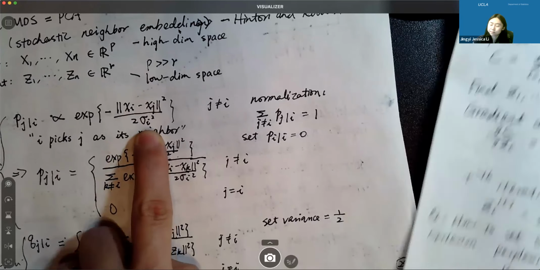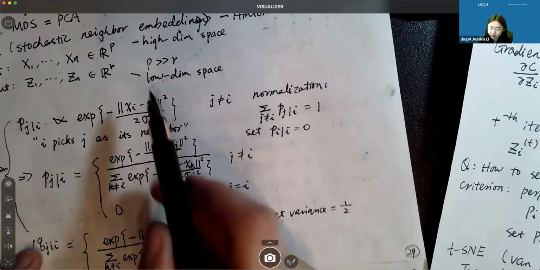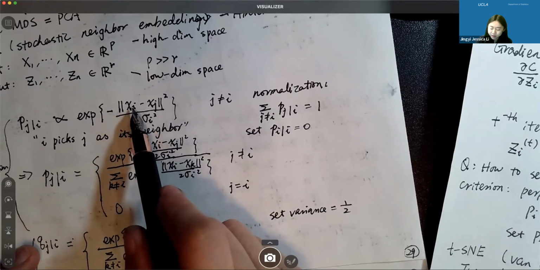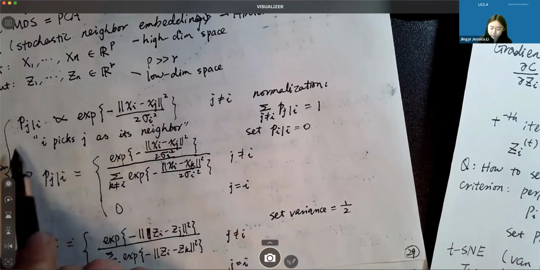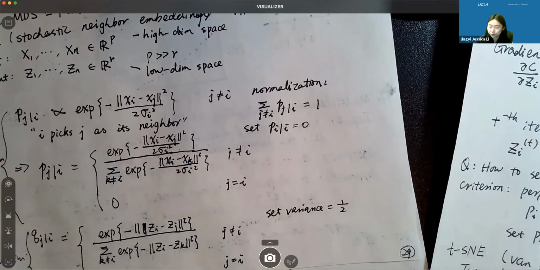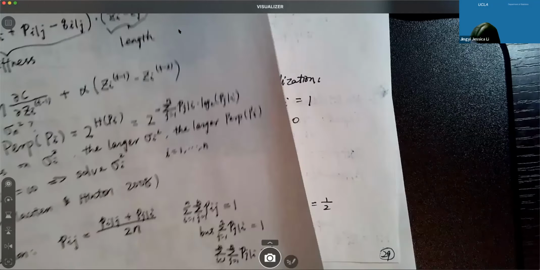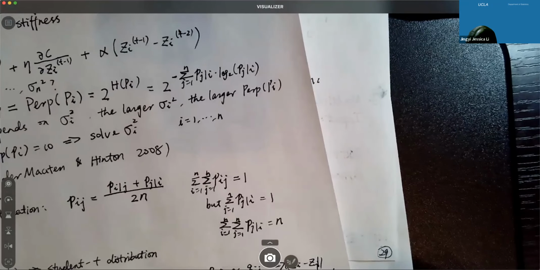We know that 95% is within about 2 sigma from the mean. Therefore, when xj is far away from xi, we can easily shrink its probability of being picked to 0. That forces you to focus on the local neighborhood of point i. Okay, so that's t-SNE. Any questions before we continue?